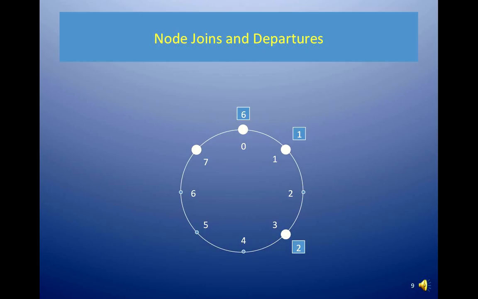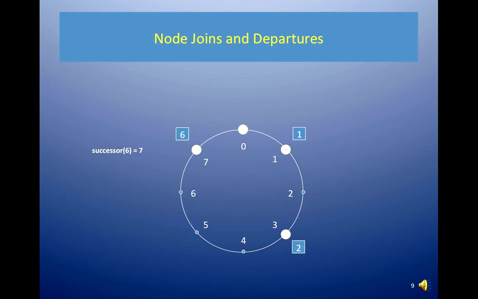Now that node 7 has joined, it has to be stored in node 7. So as soon as node 7 joins the system, key 6 is moved to node 7. This is how key shuffling happens when a node joins our system.